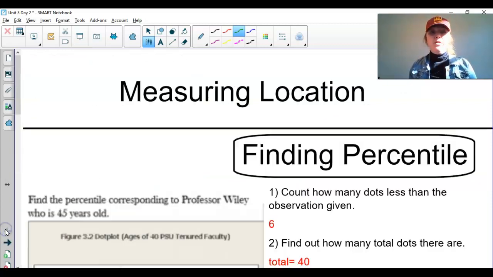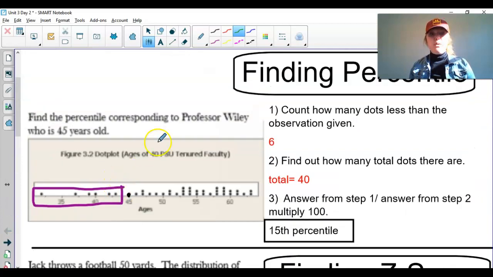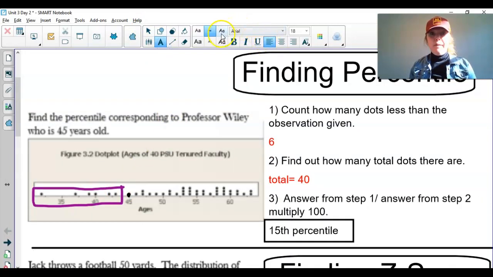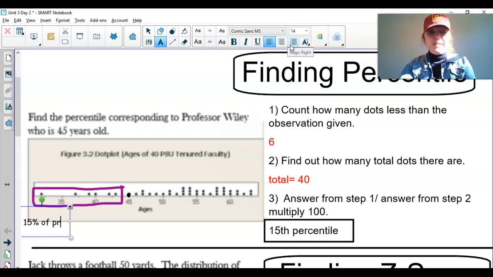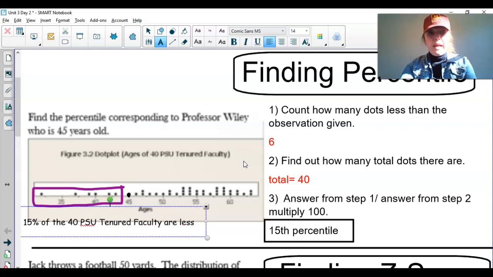Let's practice it again over here just to make sure you have it. So in context over here, what we would say is 15%, okay, the context is the 40 PSU tenured faculty's ages, right?